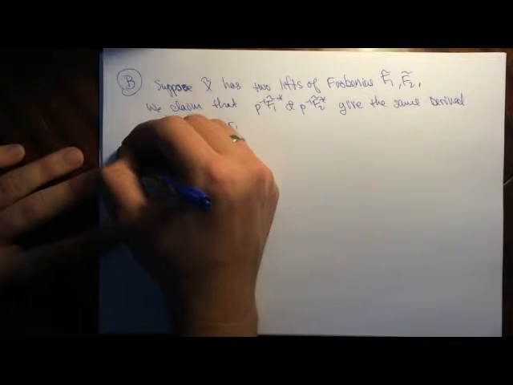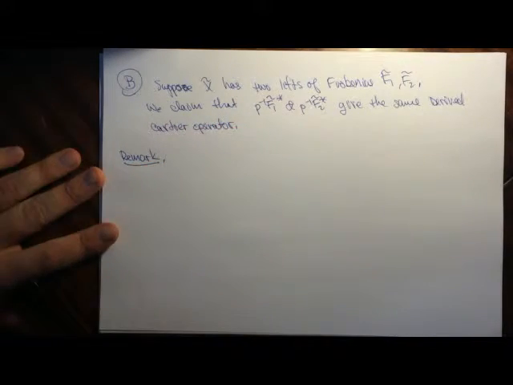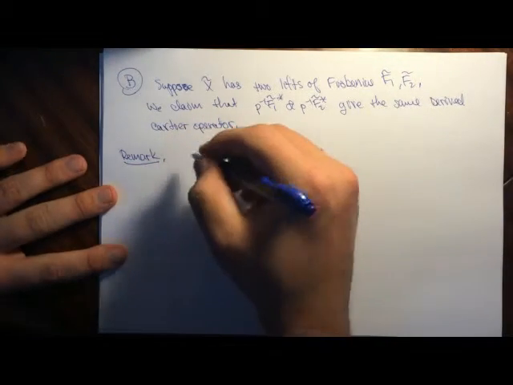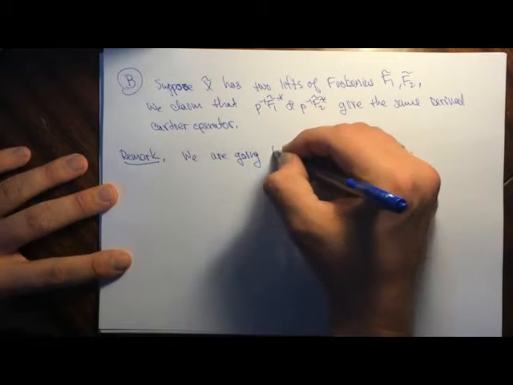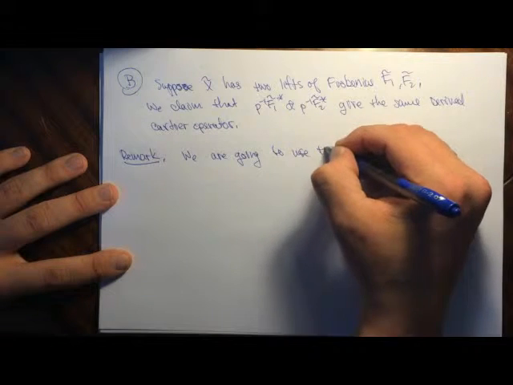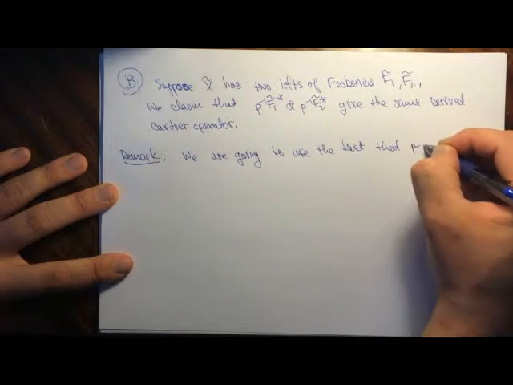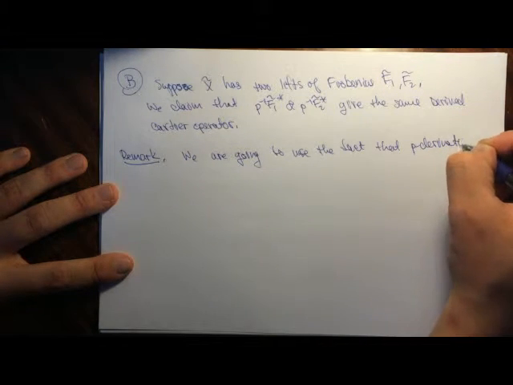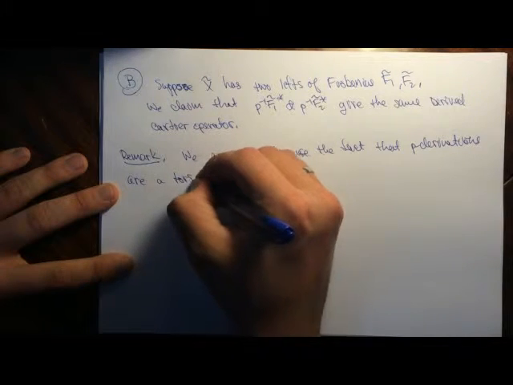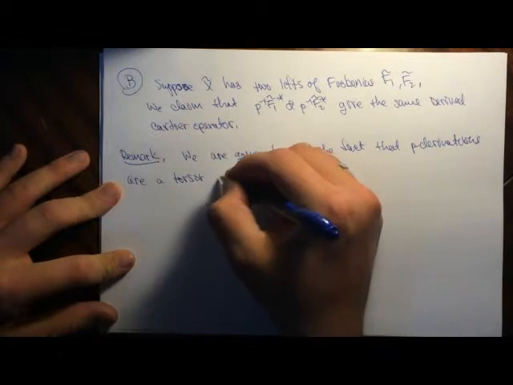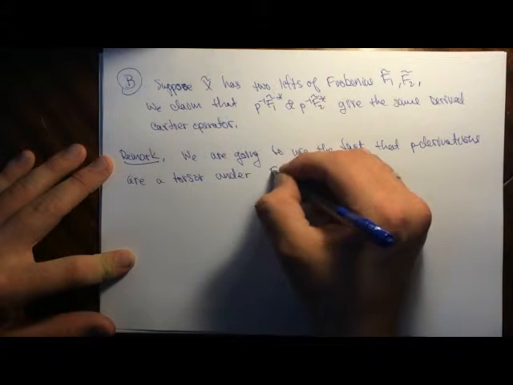Okay, so let me give a remark here, and then I'm going to pause the video and then make another video real quick. So we are going to use the fact that p derivations are a torsor under Frobenius derivations, under the derivations of the Frobenius.